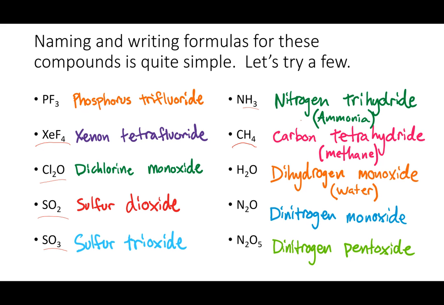Okay, these also have different names that are more common: ammonia and methane. Okay, obviously H2O is water, but if you want to be pedantic about it, it's dihydrogen monoxide. Okay, N2O is dinitrogen monoxide, and N2O5 is dinitrogen pentoxide. Okay, hopefully you see the pattern here.